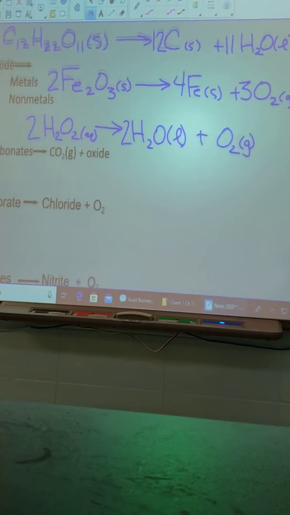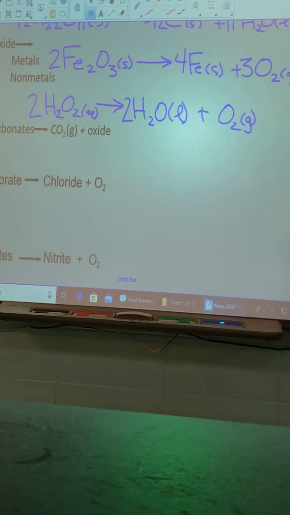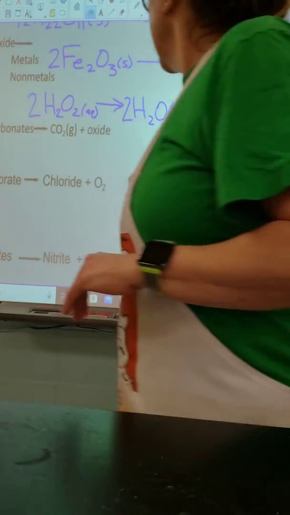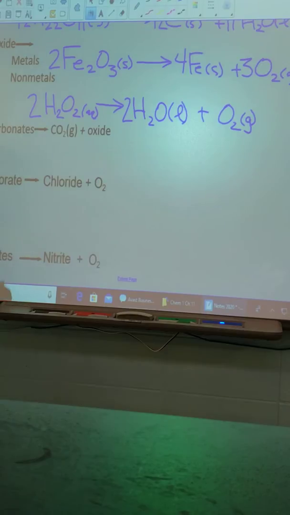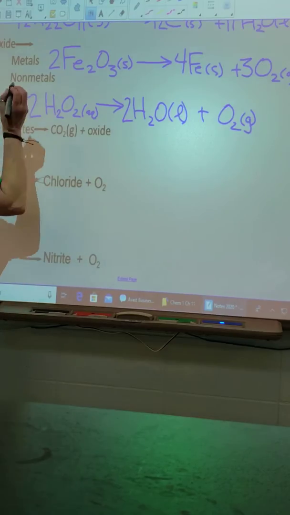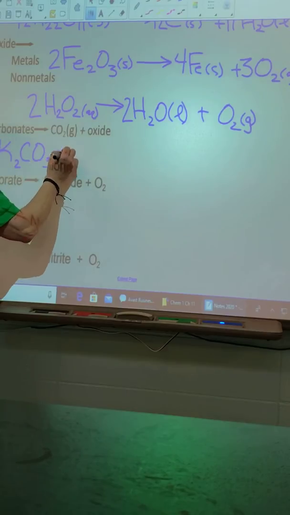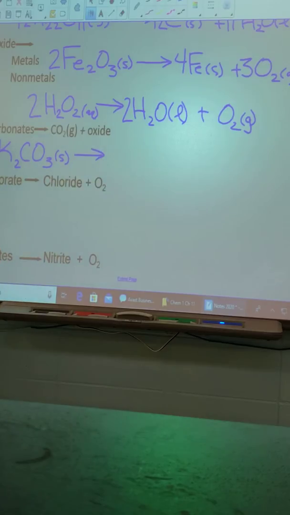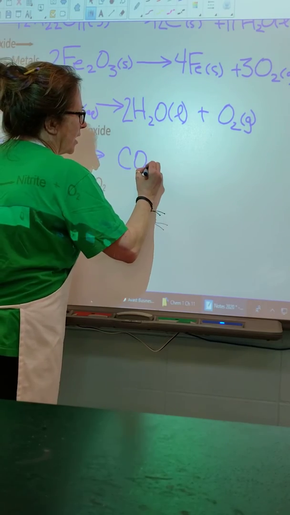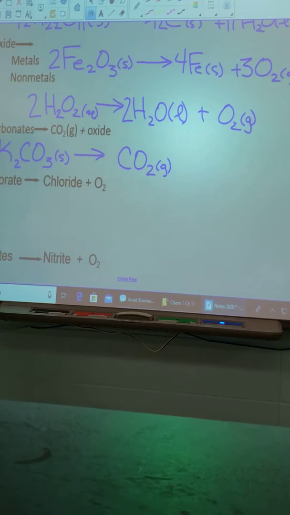The last couple types, I'm not going to show you reactions, but I am going to just go through them. So, carbonates. If it's a carbonate, that means that it's something bonded to carbonate. So let's just go potassium carbonate. If I have potassium carbonate, do you remember when, I don't remember which video, I told you if you have carbonate on the reactant side, you automatically put carbon dioxide on the product side.